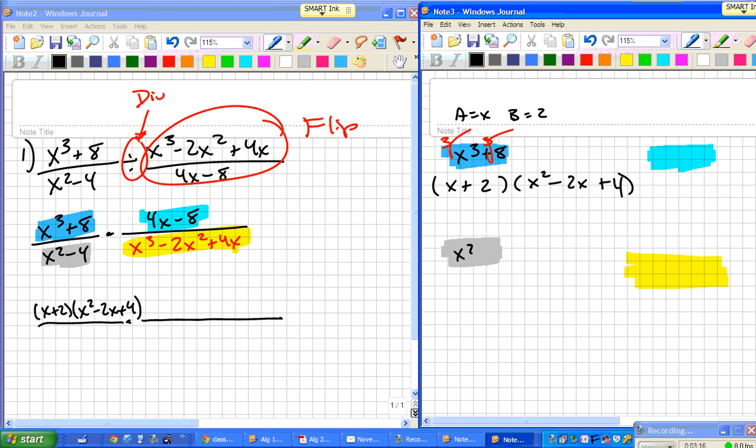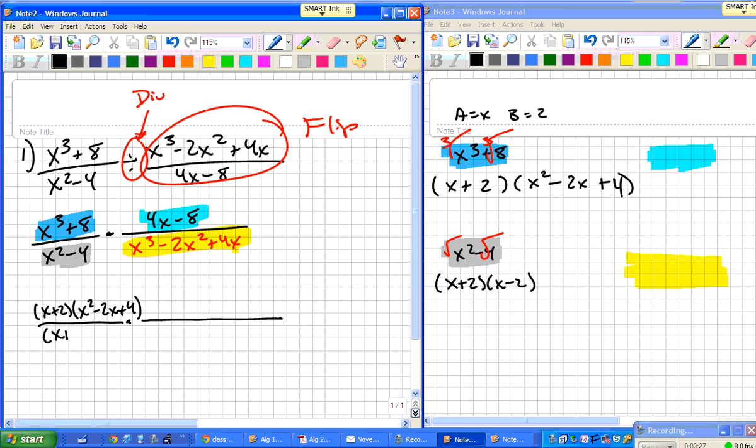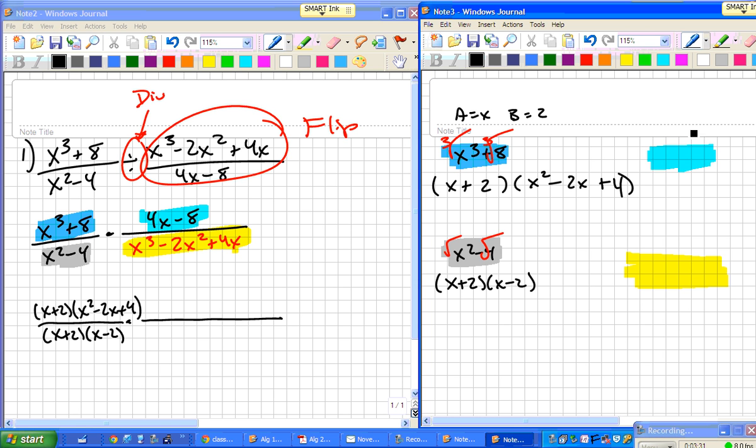Alright, next one. X squared minus 4, that is the difference of 2 squares, which turns to x plus 2, x minus 2. Okay, 4x minus 8, the GCF is a 4.